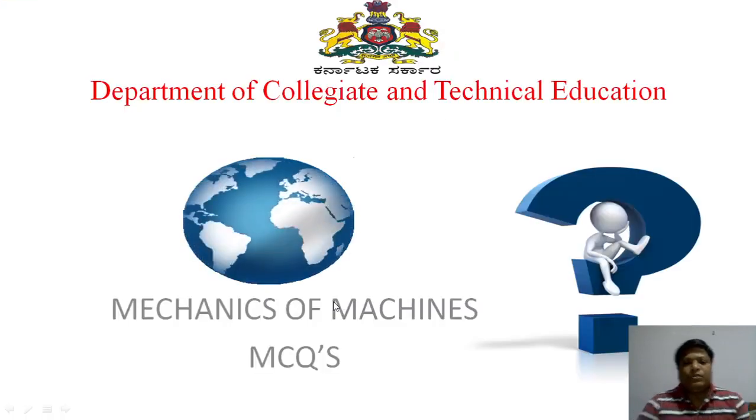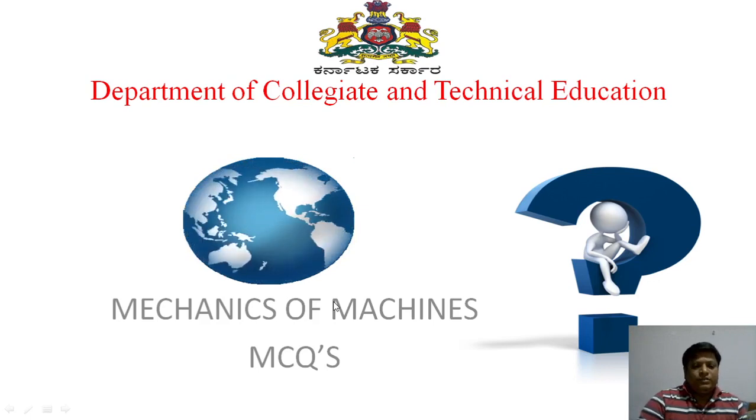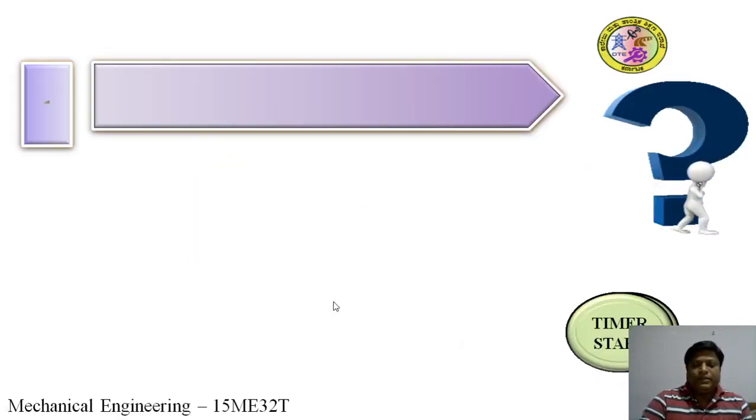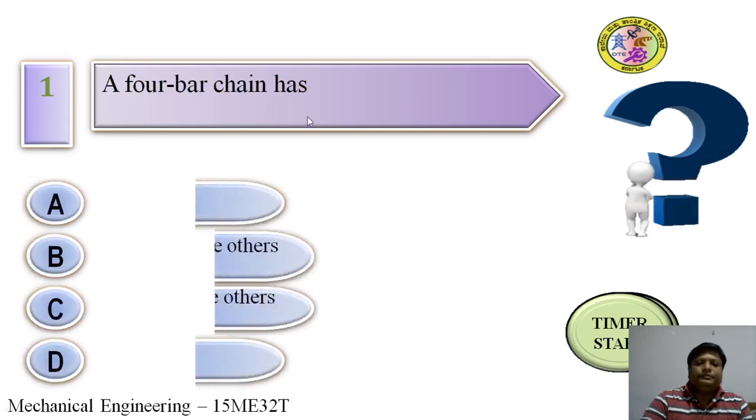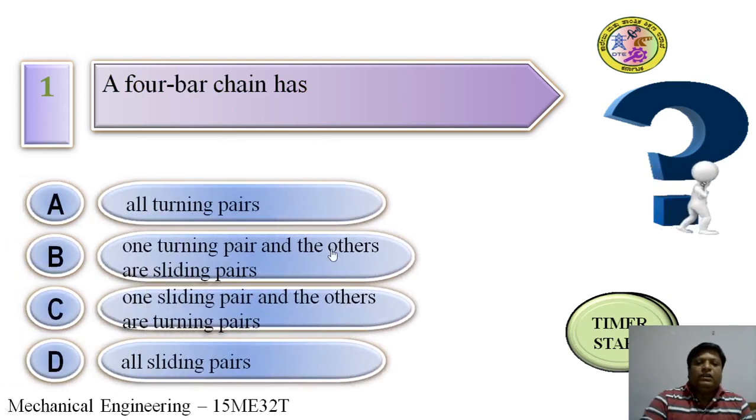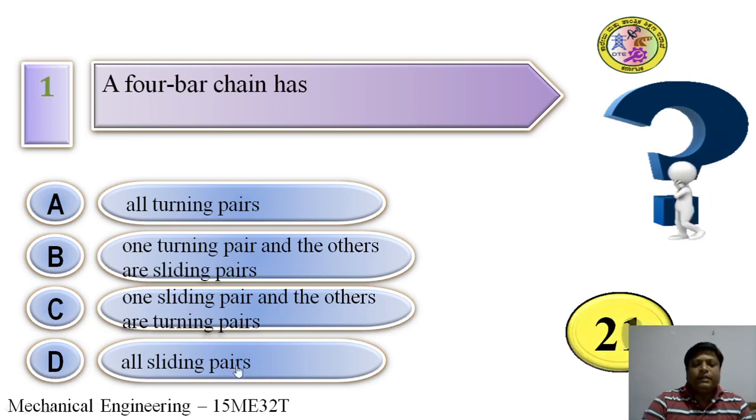Okay, let us move to some multiple choice questions for this session. Question number 1: a 4-bar chain has option A, all turning pairs, option B, one turning pair and the others sliding pairs, option C, one sliding pair and the others turning pairs, option D, all sliding pairs.